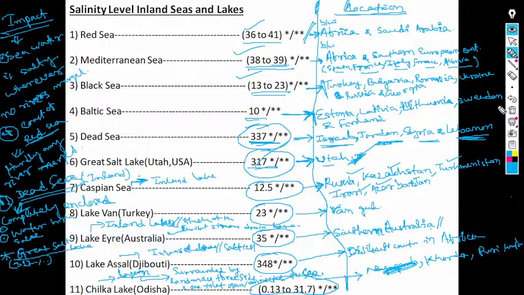Chilka water is called brackish water. What do you mean by brackish water?